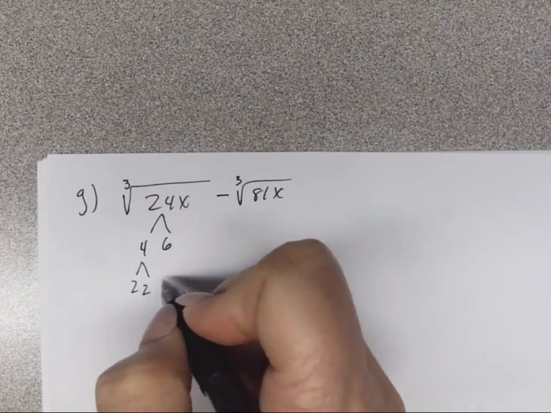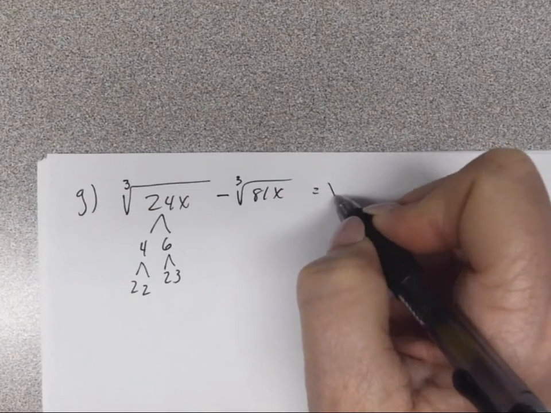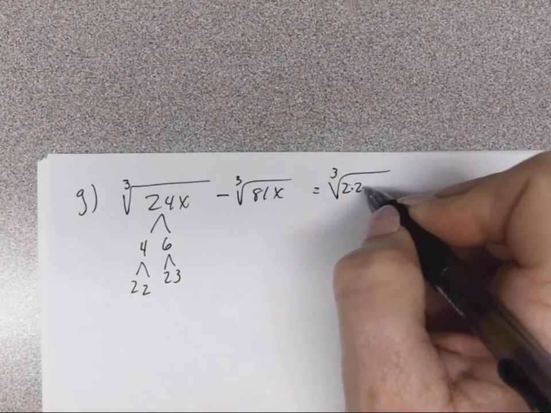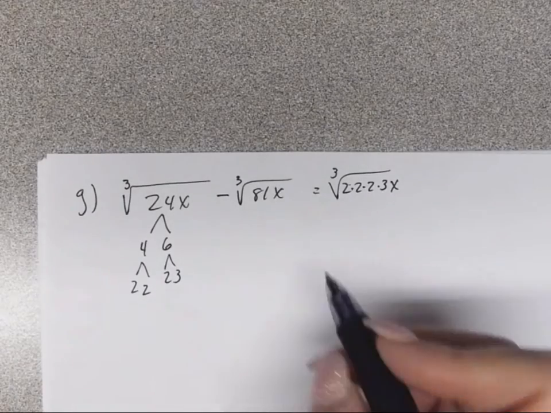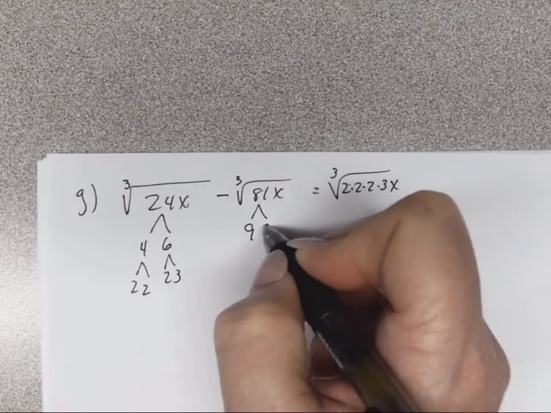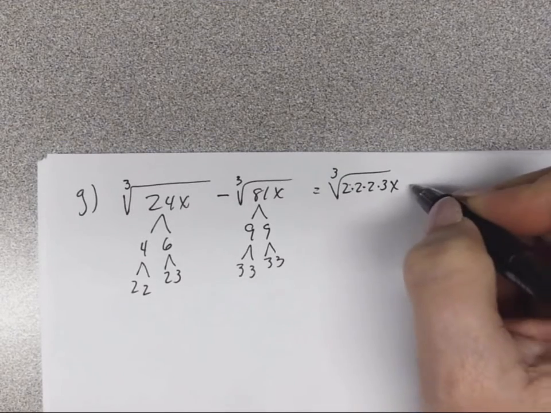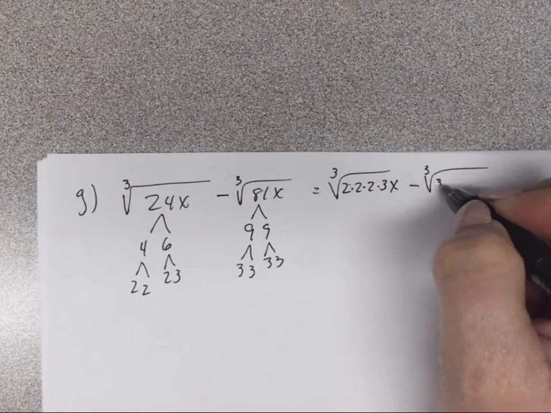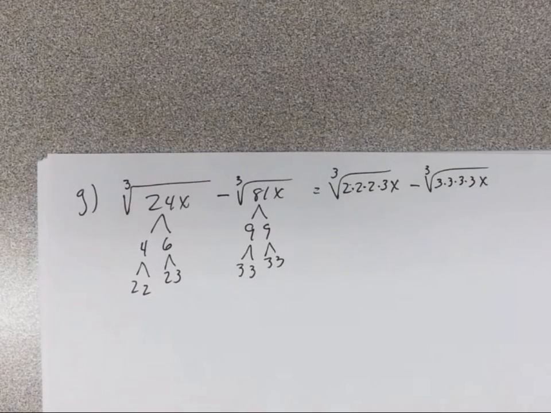So 4 becomes 2 times 2. 6 becomes 2 times 3. So we'll have the cubed root of 2 times 2 times 2 times 3 times the x that's still up inside. 81 is 9 times 9, which is 3 times 3 and 3 times 3. So minus the cubed root of 3 times 3 times 3 times 3x.